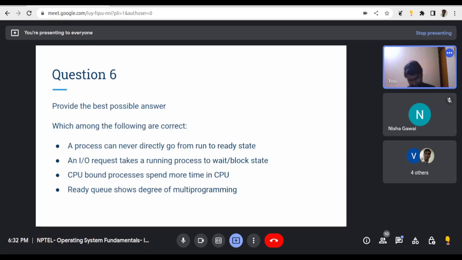You may not know about this, but a process may be preempted. Before completing the execution, even if there are no input output operations involved, a process may be taken back from the CPU and put back into the ready queue.